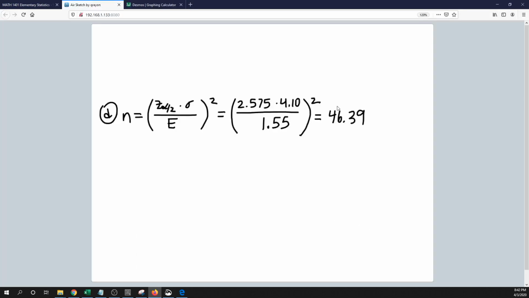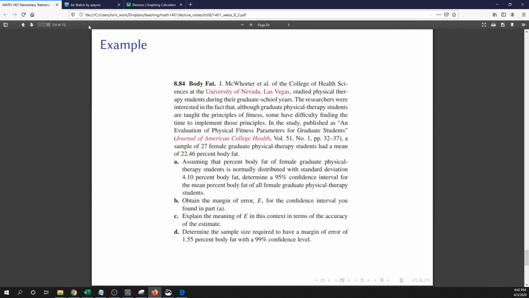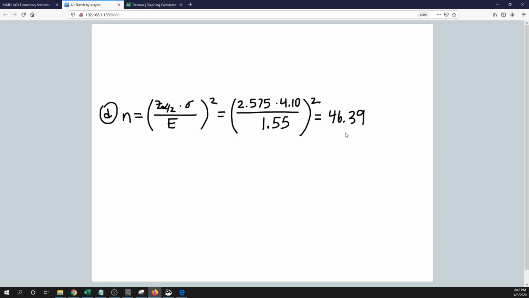But that is not quite the answer. Here we are talking about people in this experiment, and you can't survey 0.39 people.